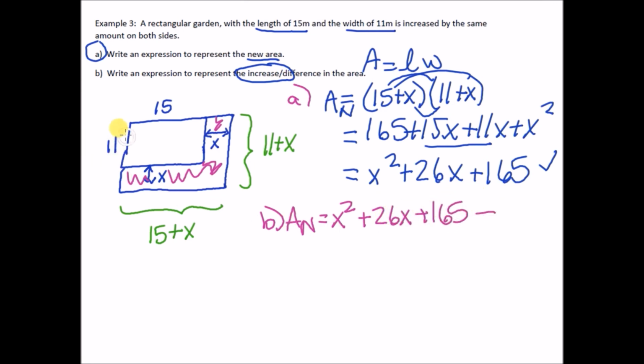And we're going to subtract the area of the old one, which is 11 times 15, because of the length times the width. But 11 times 15 is that 165. So this positive 165 and negative 165 go away. The area of just the increase is x squared plus 26x, and that's done.